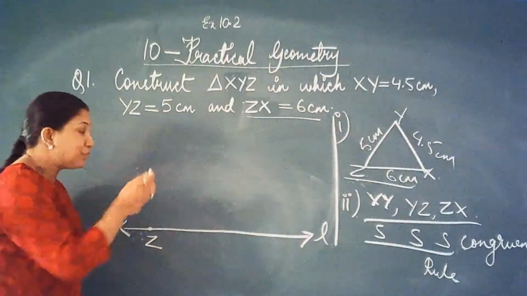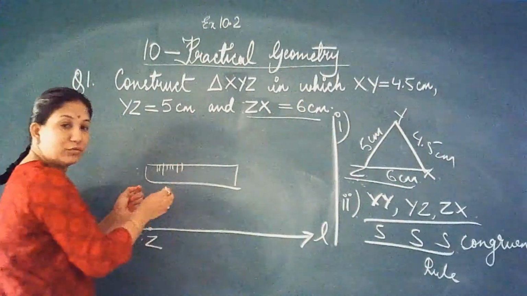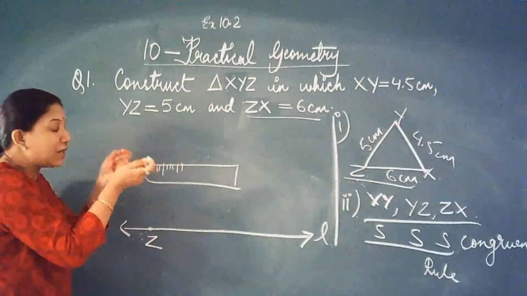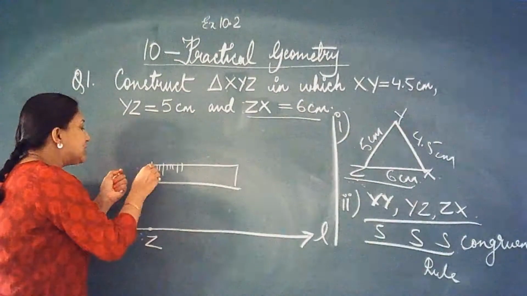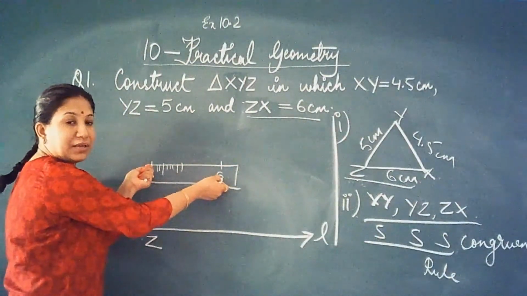Once you get this point, take out your compass now. Place it above the ruler. Stretch the radius of the compass, place it at 0 here and measure 6 centimeters.